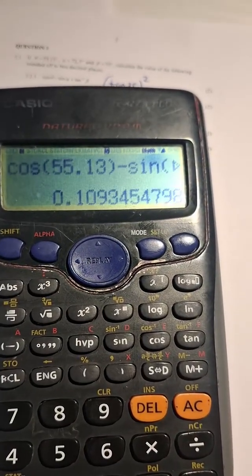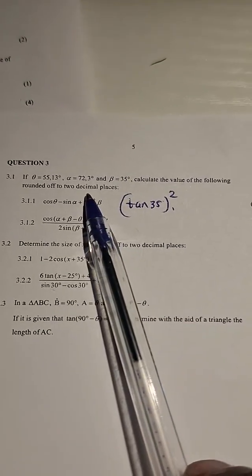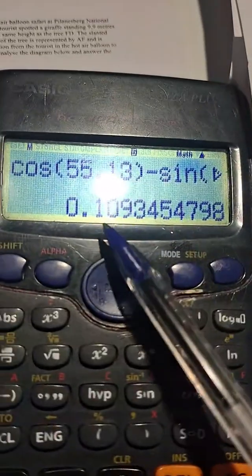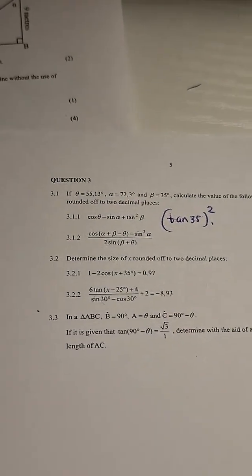I got 0.10. Now they said round off to 2 decimal places. Now very important. In my calculation of this, I am definitely going to first write down my substitution, out of what I am writing down, so that the person who's marking me knows what I did.